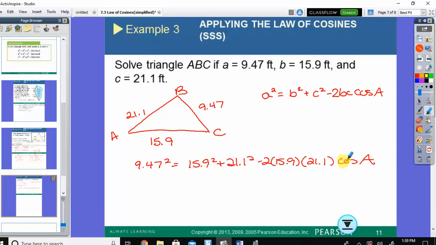So it's ugly, but all we're trying to do is solve for this cosine. It's really just a bunch of pushing buttons on a calculator. It doesn't matter, you can start plugging in and getting numbers here. If you want to move some things to the other side first, you can. Like I'm going to subtract over this 15.9 squared and my 21.1 squared.